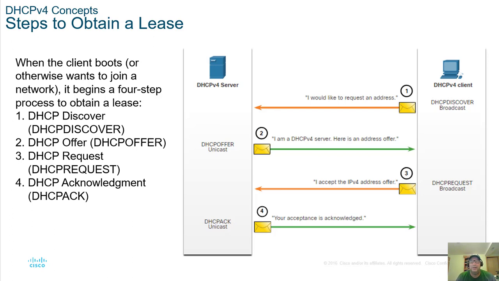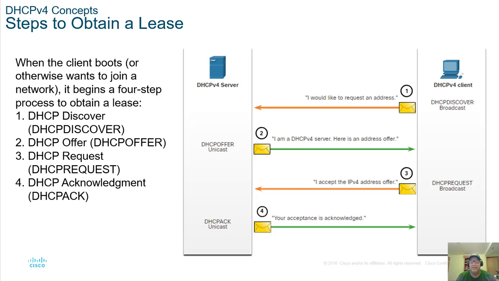The first thing I want you to notice is that the action is started from the DHCP client. The process begins when a DHCP client gains access to a network and realizes that it doesn't have an address. So what it will do is send out what's called a DHCP Discover message on the LAN.